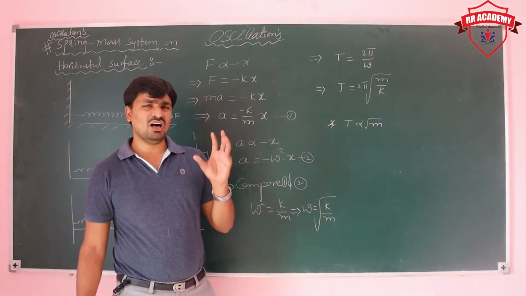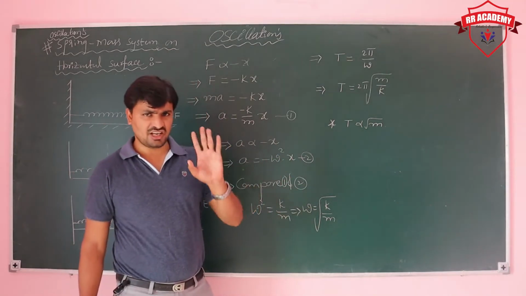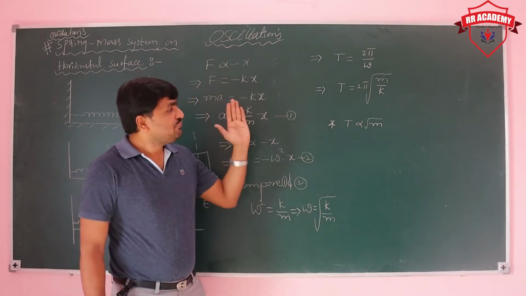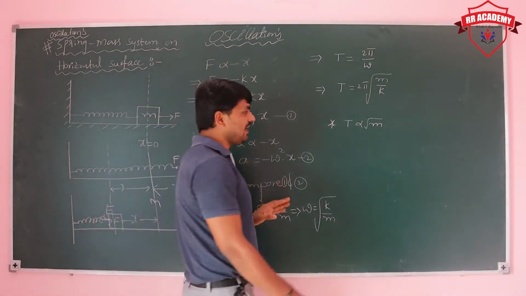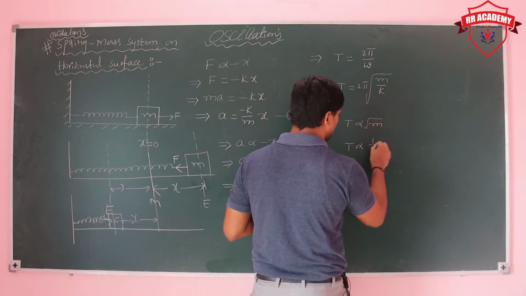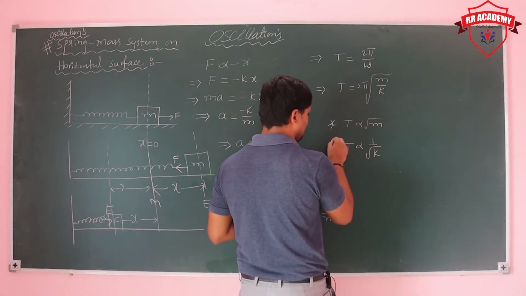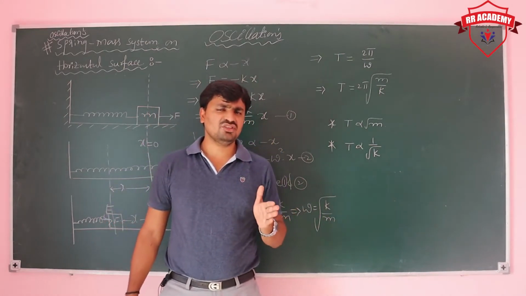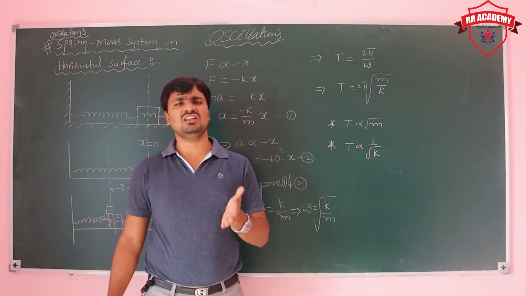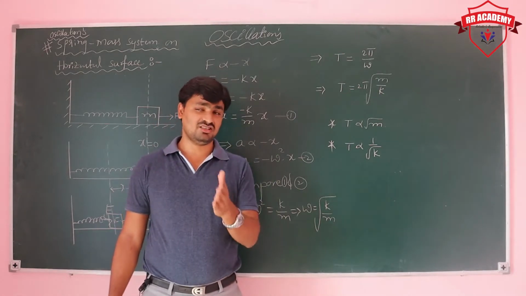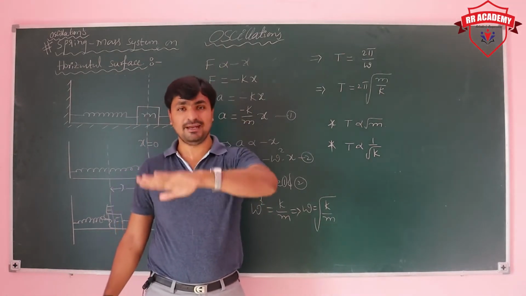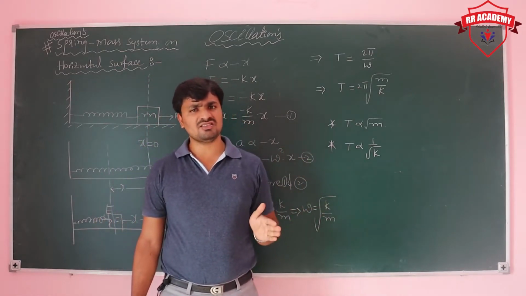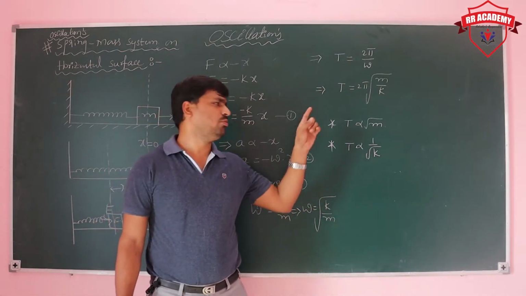Remember, if you change the mass, then the time period changes. If you change the k value also, k is inversely proportional to, yes, inversely proportional to time period. If you change the spring, the time period changes as well. The time period depends upon both the mass and the spring constant.